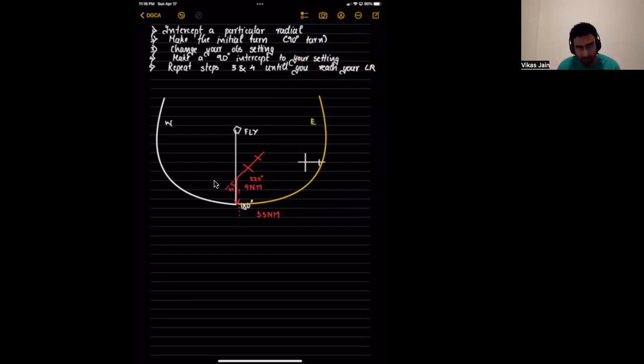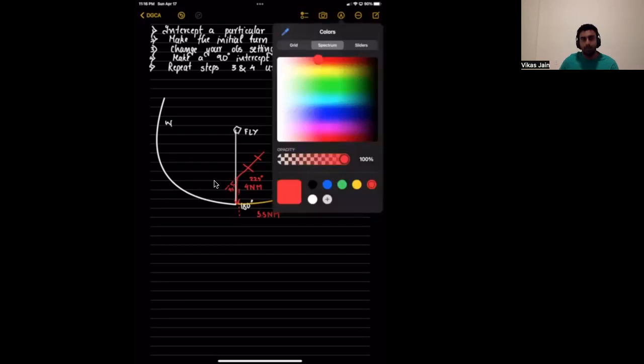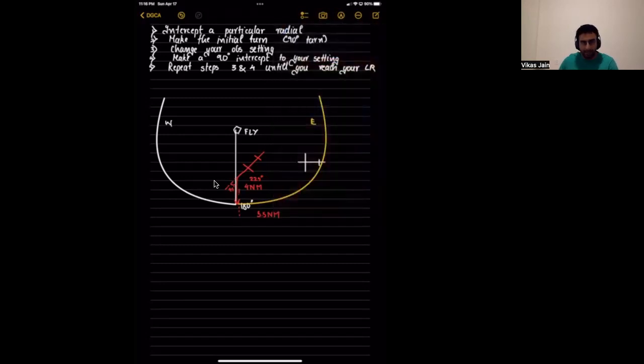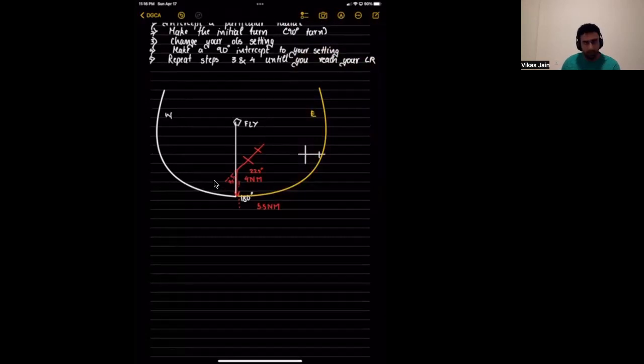To make our life simple now, let's make the arc towards the west. You can consider the east and just follow along and try to do the same thing towards the east of whatever I'm doing. Right. At 5.5 nautical miles, you make a 90-degree turn.